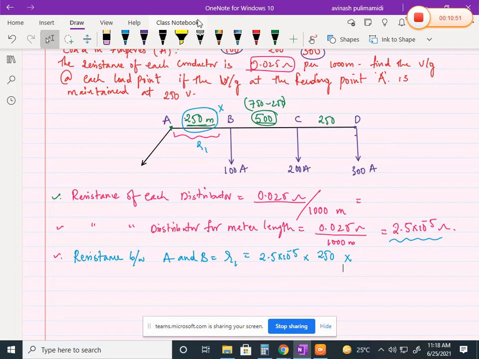Okay, students. So let me change the ink here.